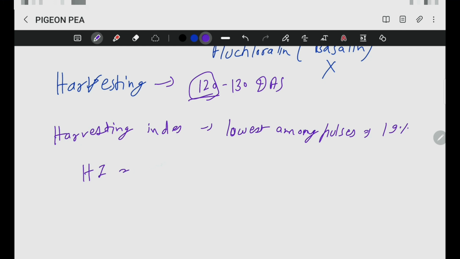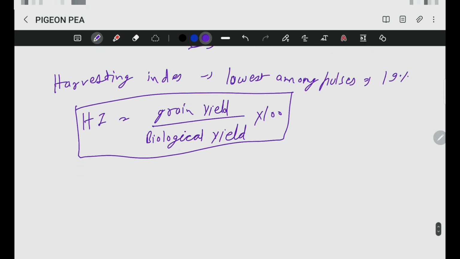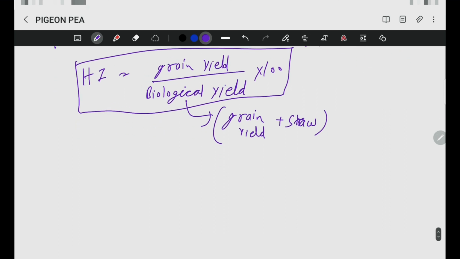The formula for calculating harvesting index is grain yield upon biological yield, into 100. Now again, some of you will have confusion about what this biological yield is. Biological yield is grain yield plus straw. Okay, now hope it is quite clear to you.